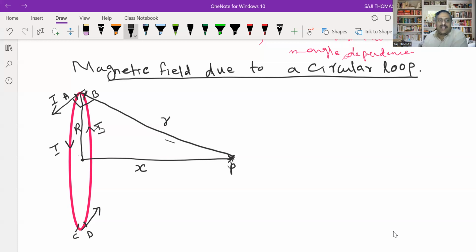Now, this element AB produces a magnetic field dB at the point P. And you know the magnetic field direction will be perpendicular to the plane containing current and r. So this is the direction of dB.